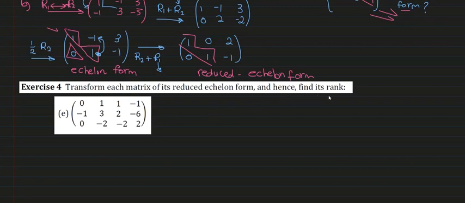So we need to reduce this matrix first into its reduced echelon form in order to be able to get the rank. I will tell you the definition of the rank first. The rank by definition is the number of non-zero rows you will see in the echelon form.